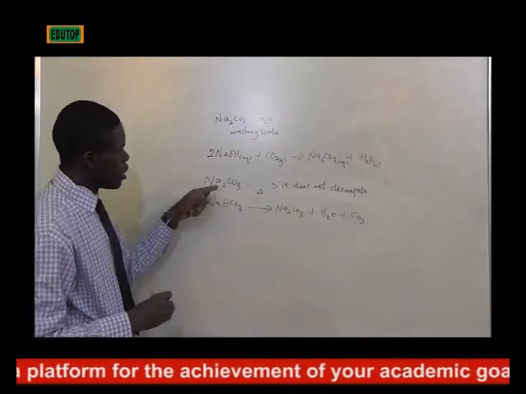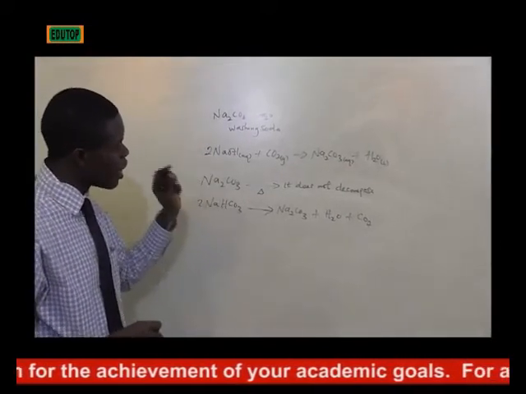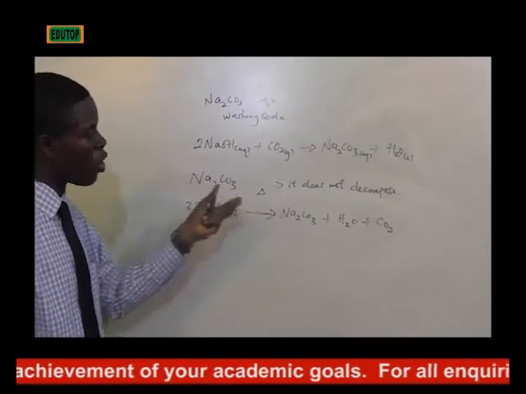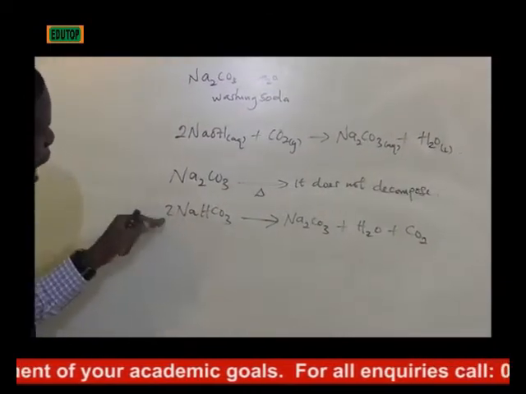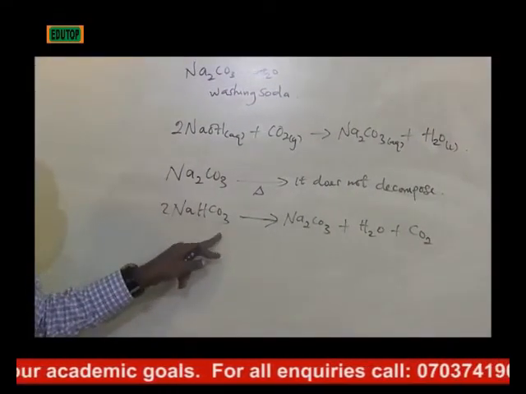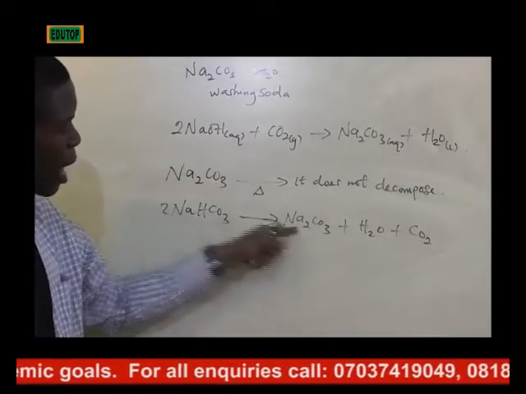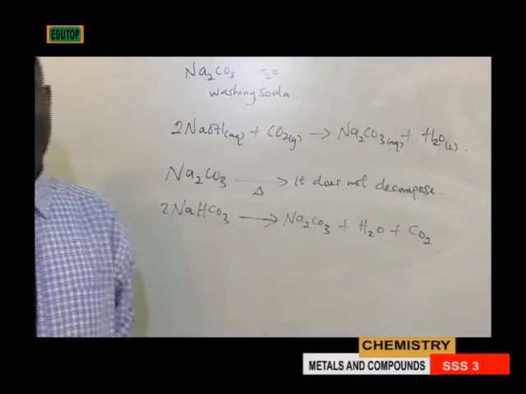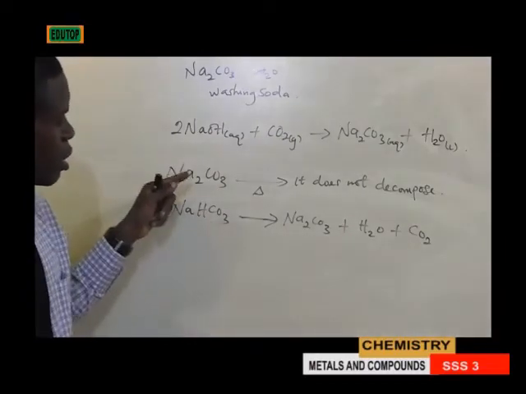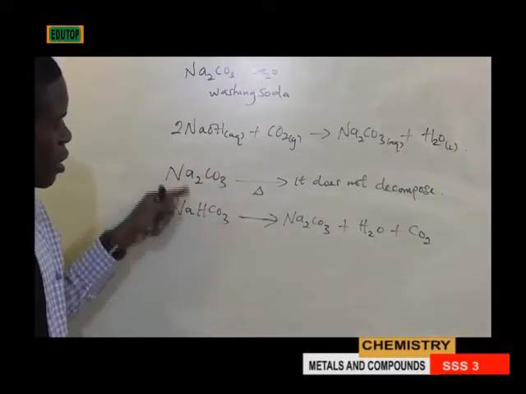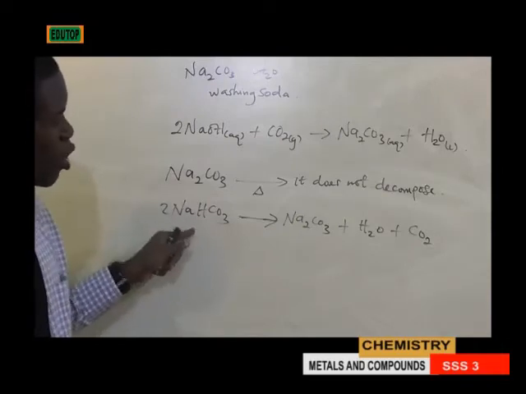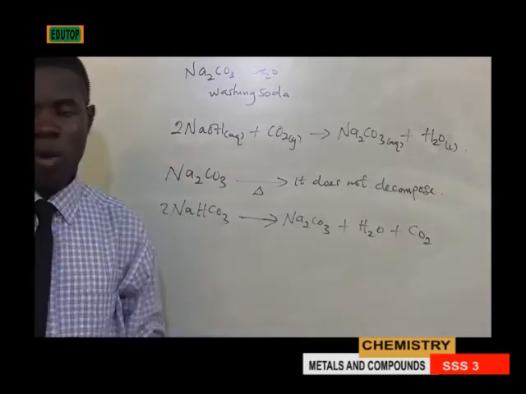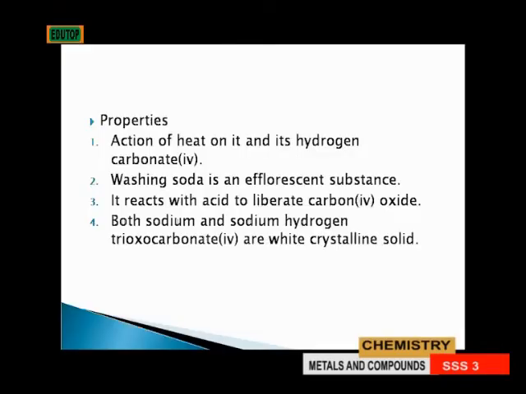So this on heating is very stable. It does not decompose on heating, while its hydrogen carbonate gives the corresponding compound, water and carbon 4 oxide. That is the difference between this and this. This is stable to heat, while this one decomposes to this, water and carbon 4 oxide.